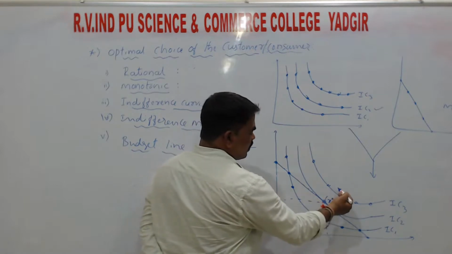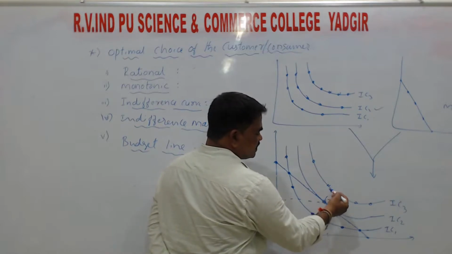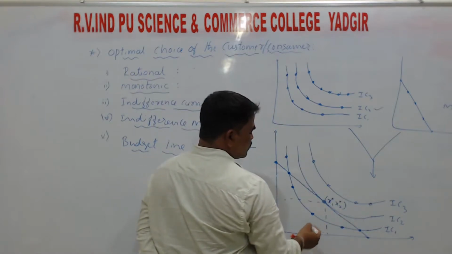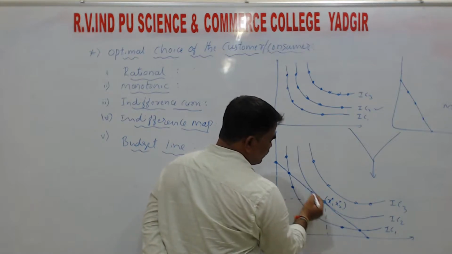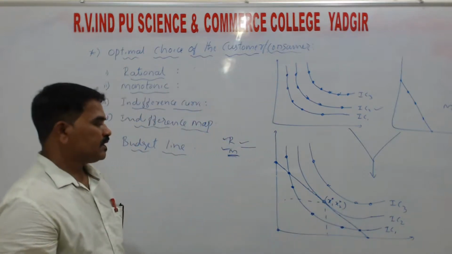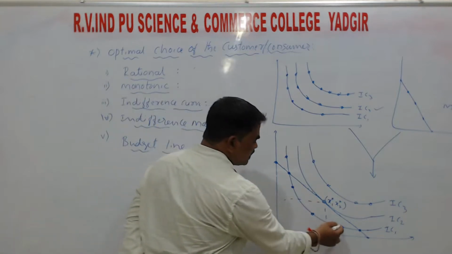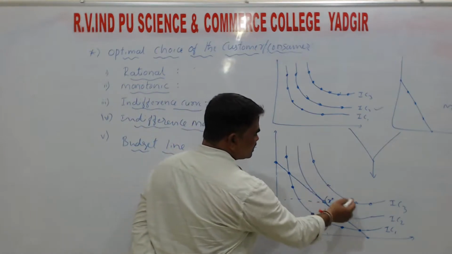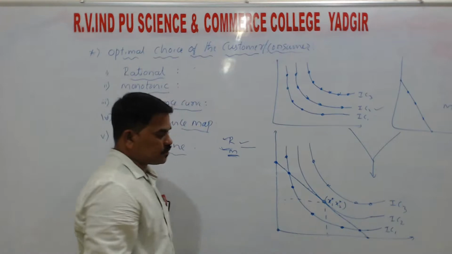They are outside the budget line, which means their cost is more than his income. That is why he can't go with these bundles either. So the point where the budget line just touches the indifference curve gives him maximum satisfaction and he can go with this bundle. He can't go with the inferior bundles because he has monotonic preferences, and he cannot afford the others because of his limited resources.